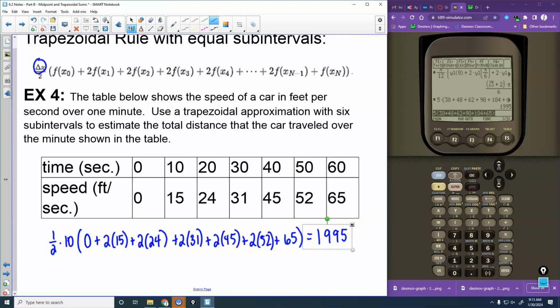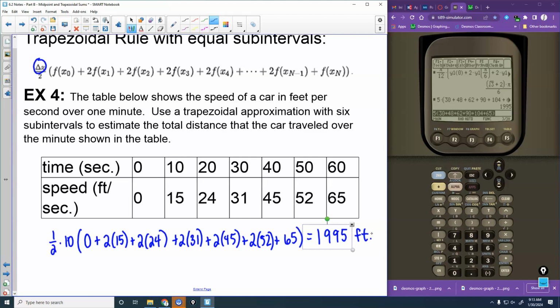What would my units be for this? Feet. Now, you certainly can find the area of each trapezoid, draw it out, find the area of each trapezoid. We're going to see somewhere we're going to have to do that. But on this one, it's a lot quicker to use that trapezoidal rule.